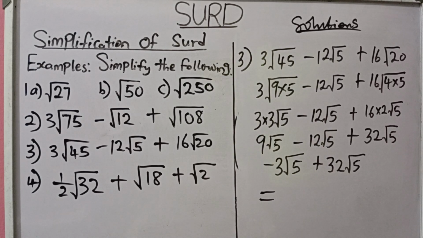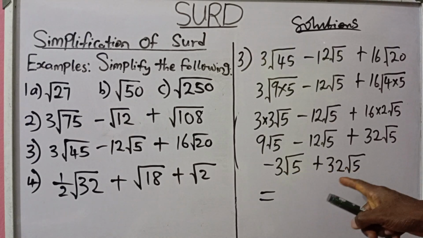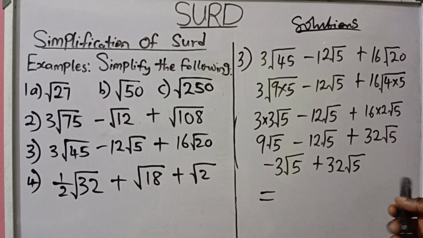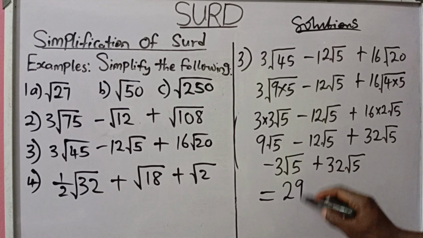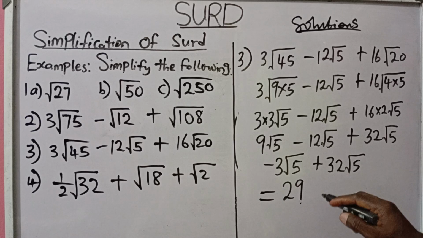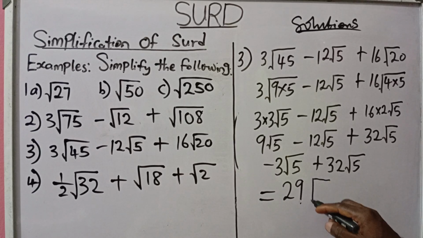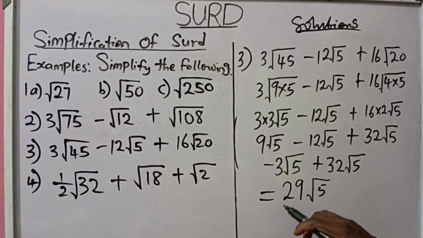Of course, minus 3 plus 32 will give us positive 29 root 5. That is the solution to that.